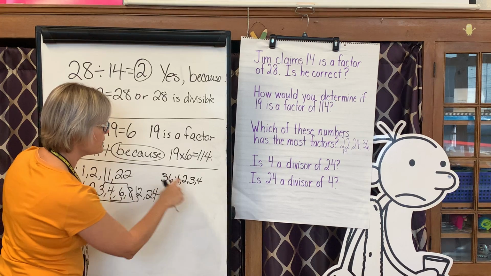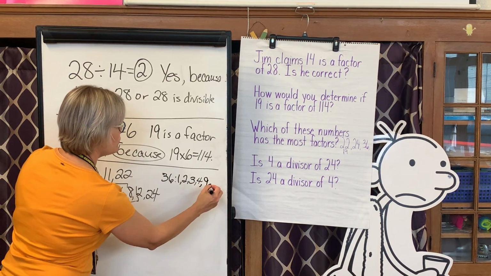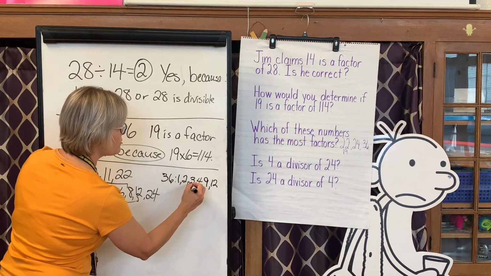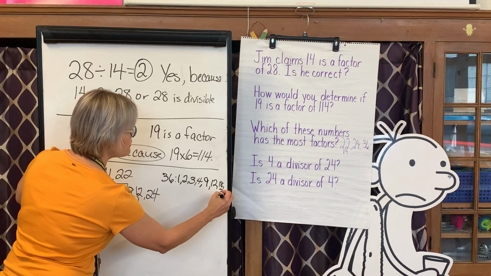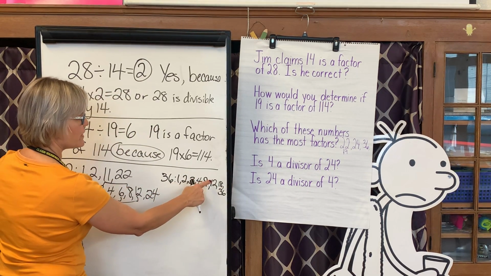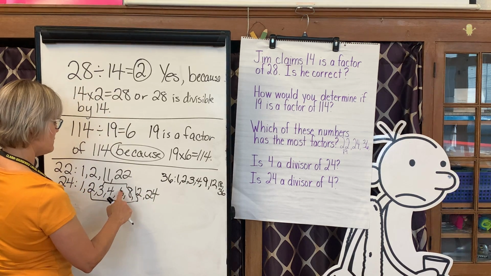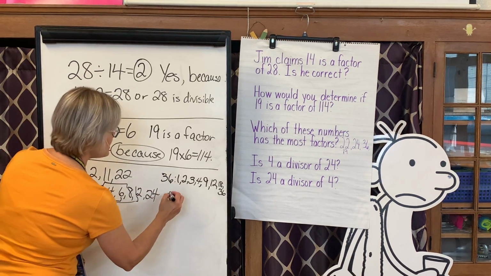Okay, let's see here. So we've got 9, we've got 12 that goes with the 3, 2, I've got 18 that goes with the 2, and then we've got the 36. All right, so we've got 1, 2, 3, 4, 5, 6, 7, 8. We've got a tie.